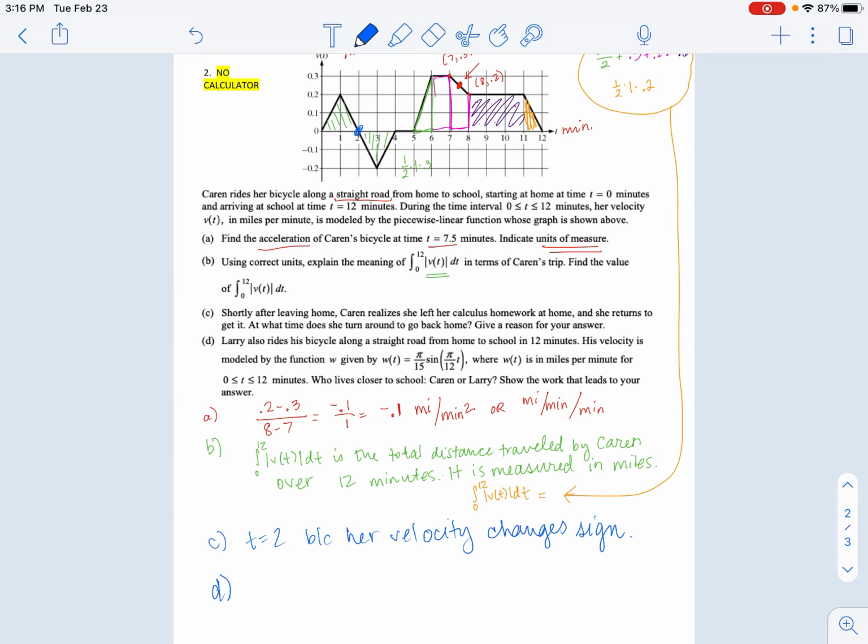And then D. Larry, good buddy Larry, also rides his bicycle along a straight road from home to school in 12 minutes. His velocity is modeled by that function. W is miles per minute. Who lives closer, Karen or Larry? So I think what we have to do is compare their velocities. So we have to compare, I think, their displacements.